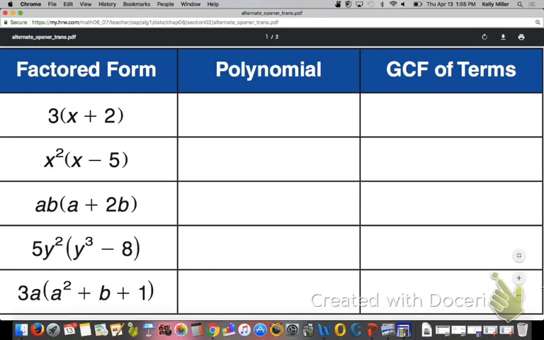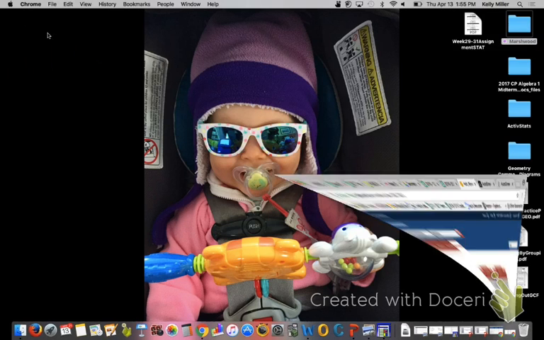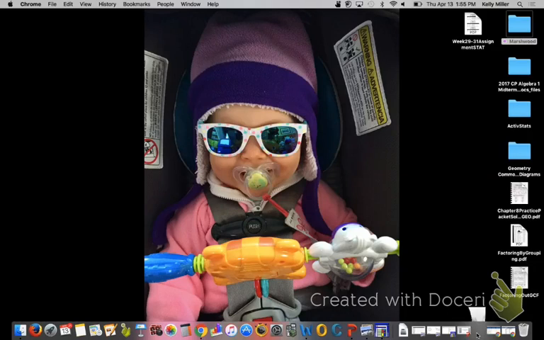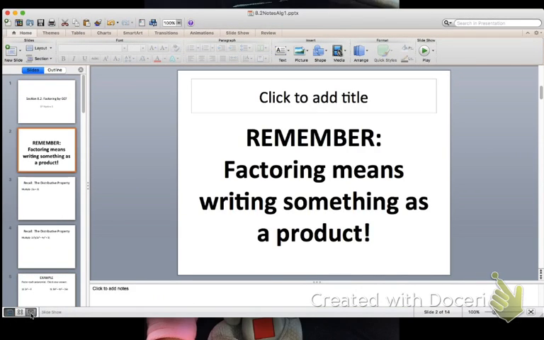No. So now, what do you notice is the relationship between this and the factored form? It's the number that is out in front. So, when we get into factoring by GCFs, factoring means we're doing what operation? Multiplication. When you are doing your prime factorization, you're writing things with things being multiplied. So when we get into our factoring, we're going to be writing it as a product.